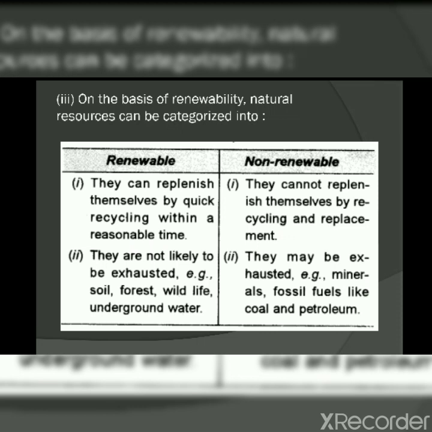So minerals that we are using in great quantity these days, and fossil fuels like coal and petroleum are being used recklessly in this generation. So these might be exhausted. That means they might end in the future. So renewable resources are those resources which can get restored by quick recycling within a fixed period of time, and non-renewable resources cannot restore themselves neither by recycling nor by replacement.